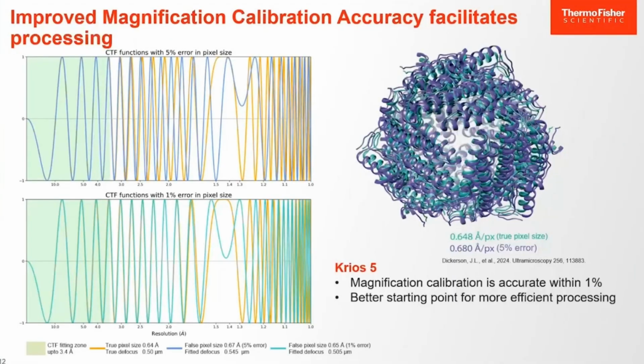The last new feature that we introduced for single particle analysis is actually an improvement of the magnification calibration accuracy. And this, of course, is quite important because for predictable and reliable prediction of a 3D model, it's important that the magnification calibration has been done as accurately as possible.